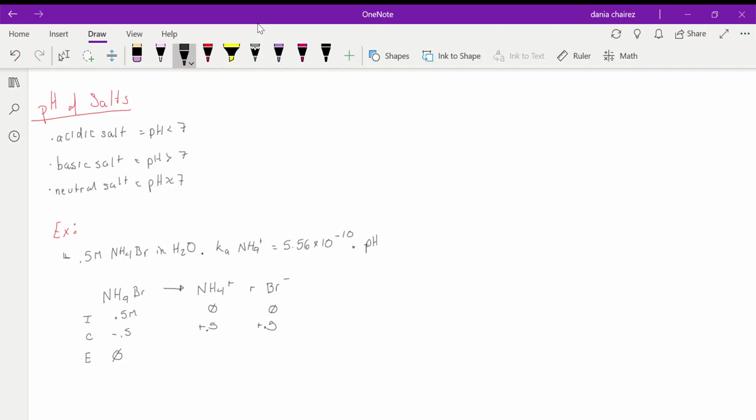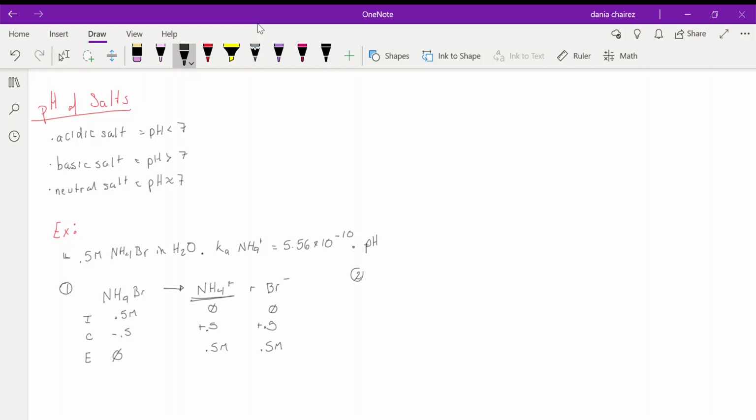So at the end you have 0, 0.5 molar, and 0.5 molar. And when we're determining the pH of a salt, we usually do it with the conjugate of the weak, because the strong isn't going to want to go back to being the acid. It just stays as an ion. So then this is essentially step 1.